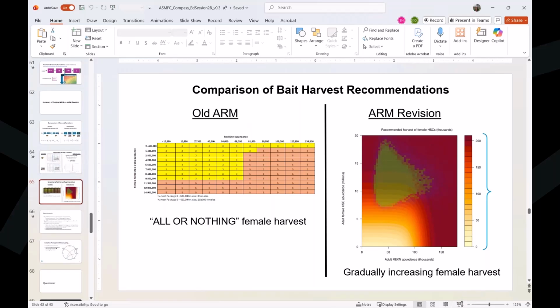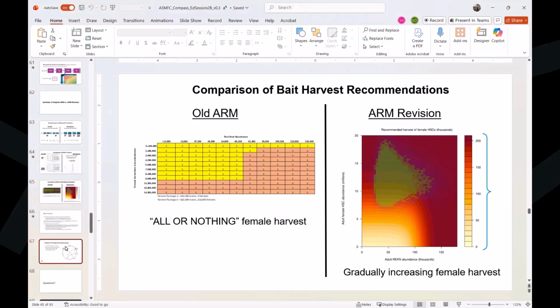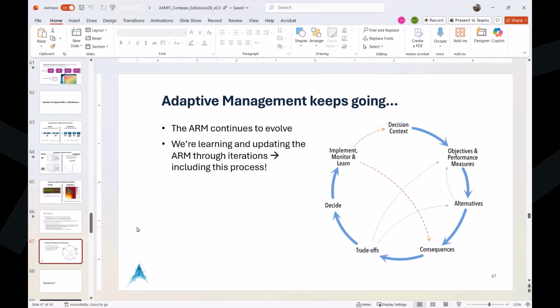But another thing to consider here is if you go a couple slides down, the SDM loop there, the PrOACT. So we're talking about the values components here of the ARM. But another thing that is scheduled to happen periodically is that the scientific parts, the technical parts that include the population dynamics models, are going to be updated periodically.